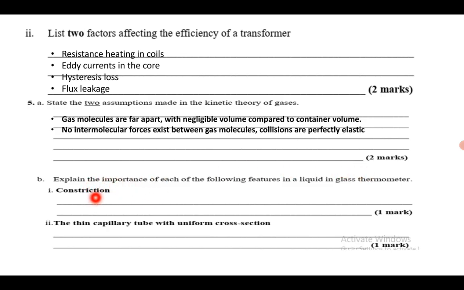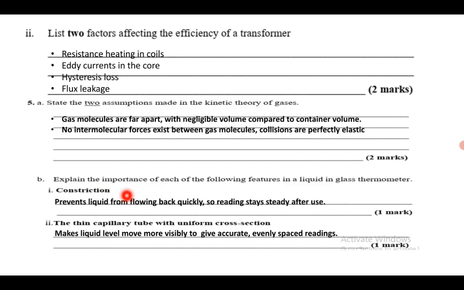So the use of the constriction in a clinical thermometer is to prevent liquid from flowing back quickly, so its reading stays steady after use. So the constriction prevents the flow back of the liquid in it, so that you should be able to take a reading after use.